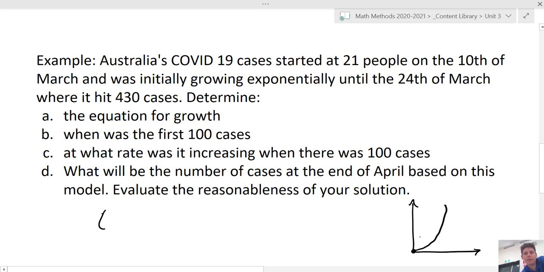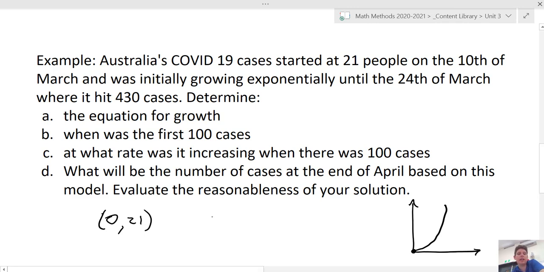The starting point, what was the value of, if that was time in days, what was the t or the x? 0. Okay, so the 10th of March is the 0 start date. Okay, and at that start, the y-axis or the number of cases was 21.